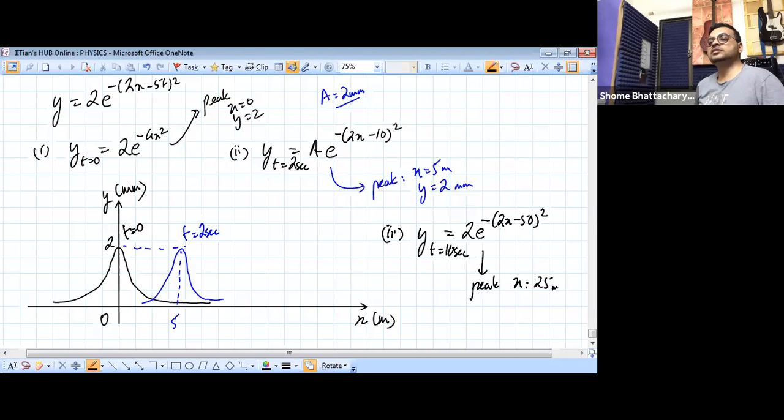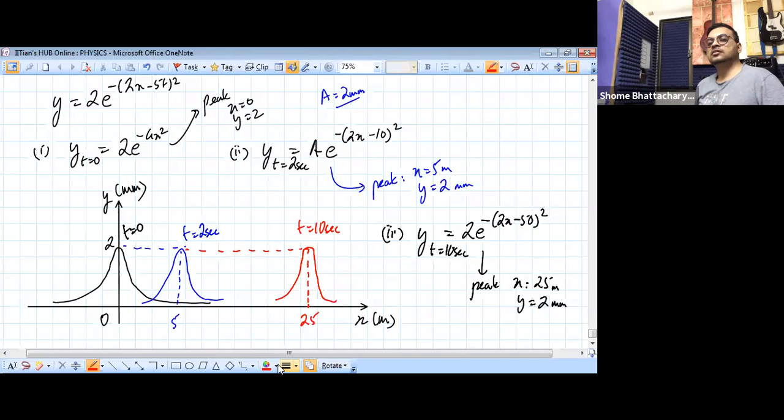So x is 25 meters and y is equal to 2 millimeters. Okay. So it shifted like this. So by now, it has shifted to 25 meters, much further down the line, compared to this.